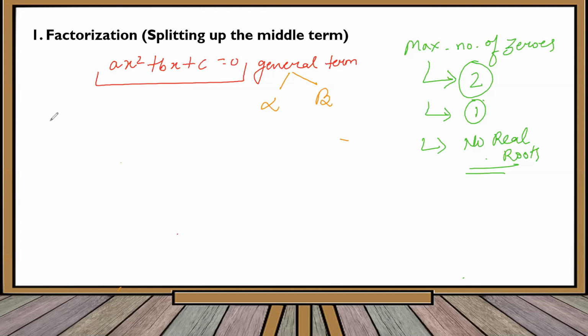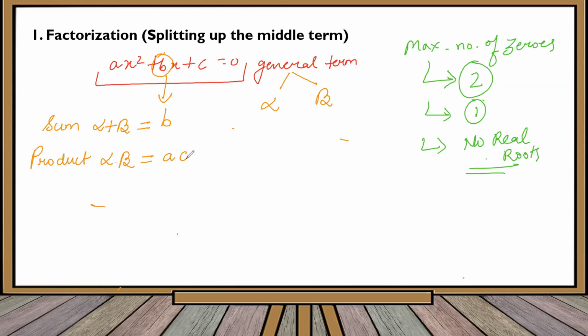The sum of these roots, alpha plus beta, should be equal to b, where b is the coefficient of x. And the product of these roots, alpha into beta, should be equal to a into c. A is the coefficient of x squared and c is the constant term, right?